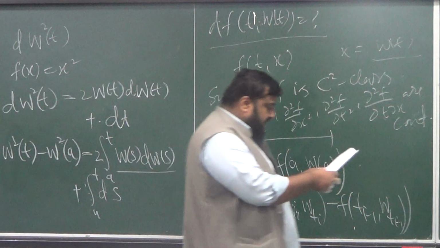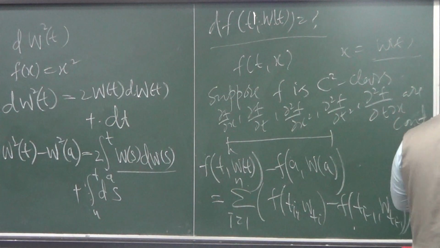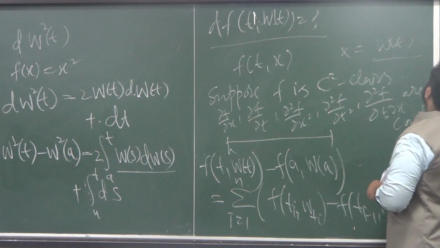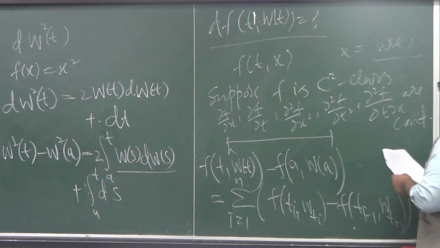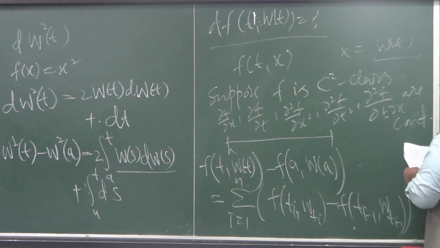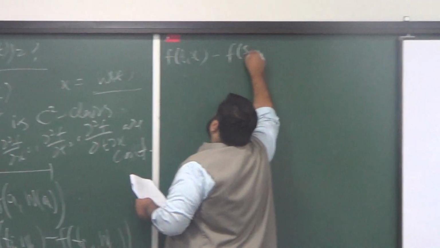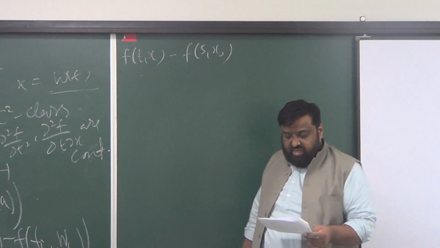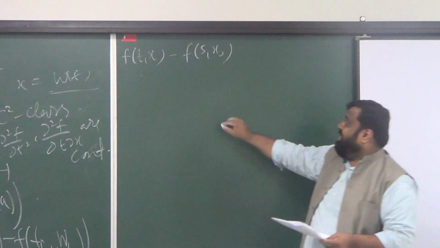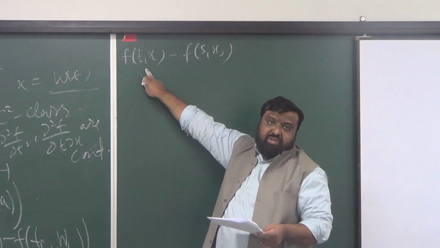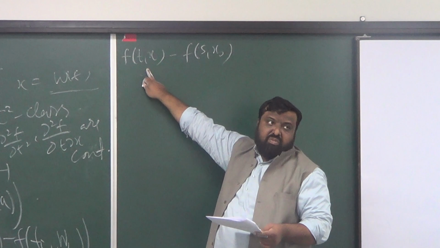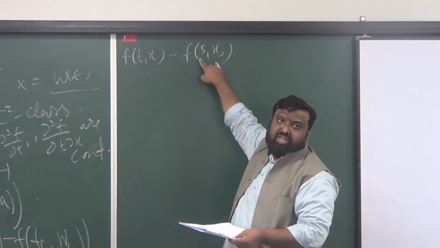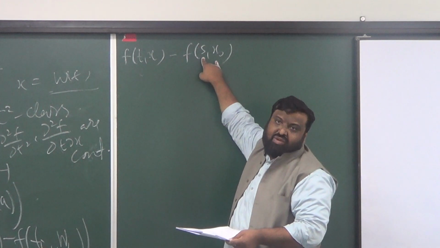So, how does the Taylor series look in this case? Remember, if I write it explicitly, f of (t, x) minus f of (s, x naught), where s is some moment before time t. You want to make a computation, so it's like you are starting from this point (s, x naught), and you want to make a Taylor expansion around this point.